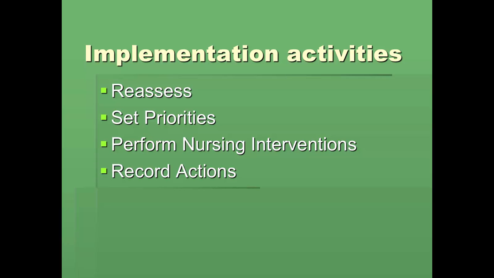Obviously, performing the interventions, carrying out the plan, is part of this phase, as well as making sure things are well documented. If it isn't documented, then legally it wasn't done. And so that's something to keep in mind. An important part of the implementation is to be recording our actions.